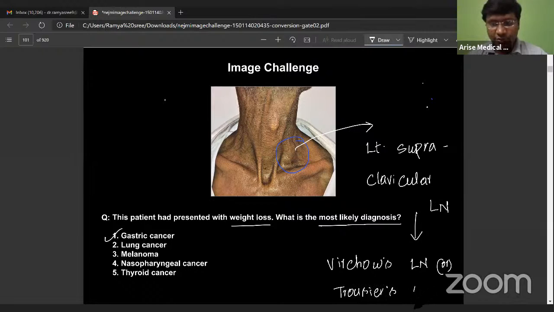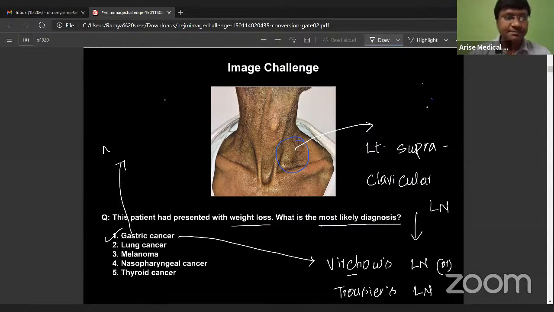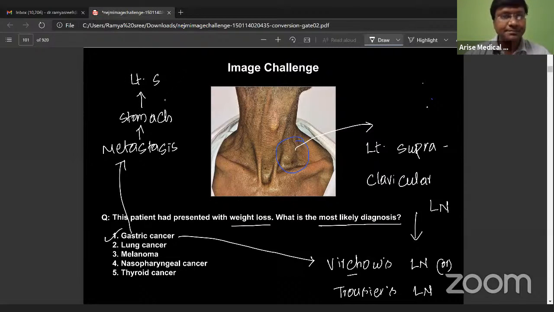In patients with gastric cancer, there will be metastasis from the stomach to the left supraclavicular lymph node.